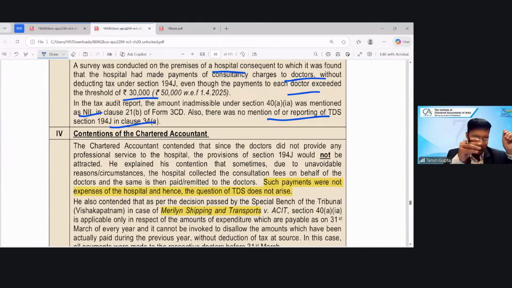Secondly, there was a case law, Merilyn Shipping, where the Visakhapatnam Tribunal held that disallowance for non-deduction or short deduction of TDS is applicable only in respect of the amount payable as on 31st March. So the CA said that he relied on this case law and therefore did not offer any amount for disallowance in the tax audit report.